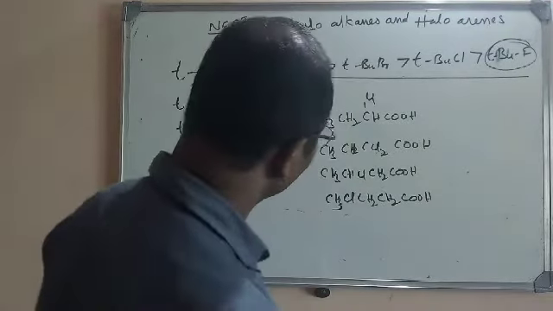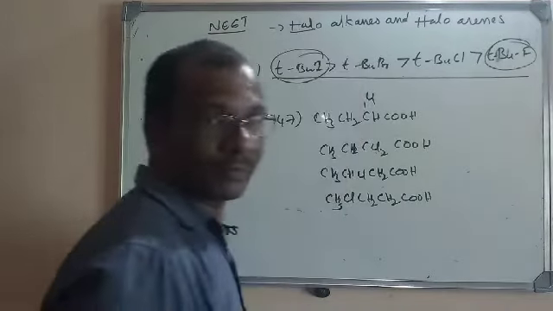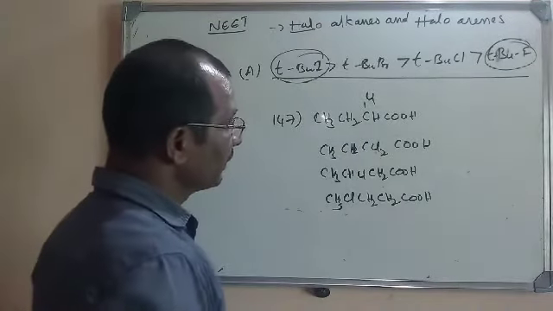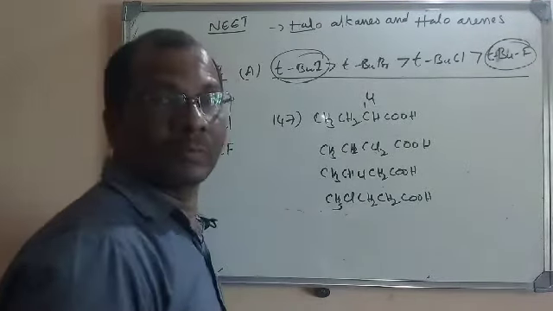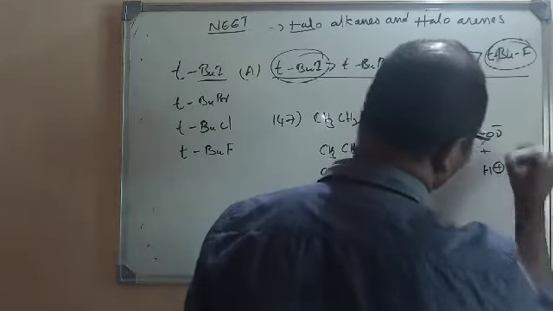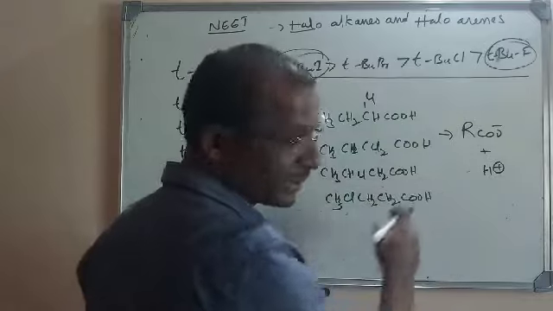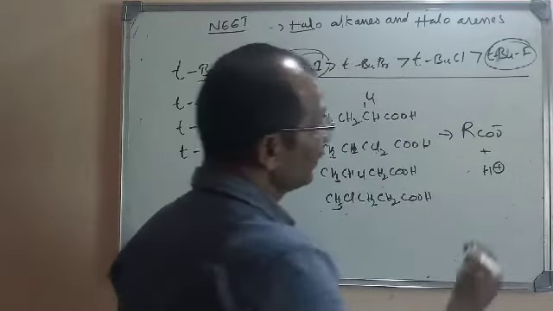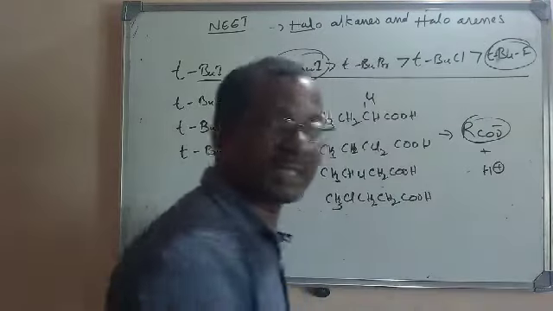So these are the carboxylic acids given here. Which is easily ionized? Actually, a strong acid will be easily ionized. That is the concept here. If you take a carboxylic acid, it will give a carboxylate ion and H plus. This is ionization. But if any carboxylic acid is stronger, then the ionization will be easier.